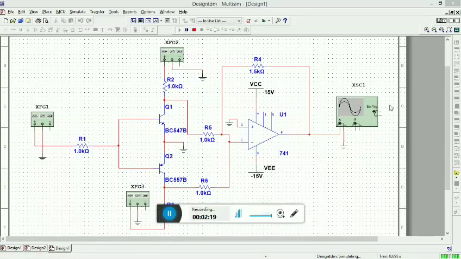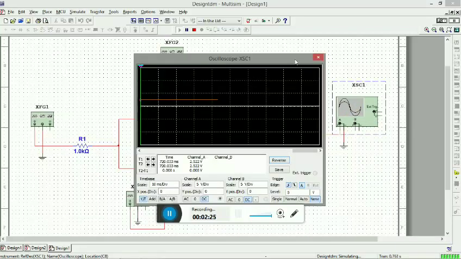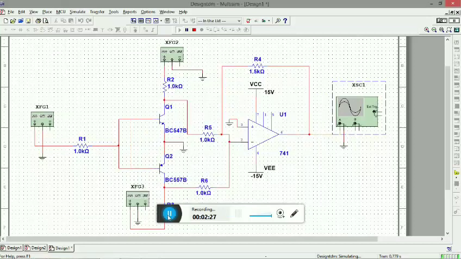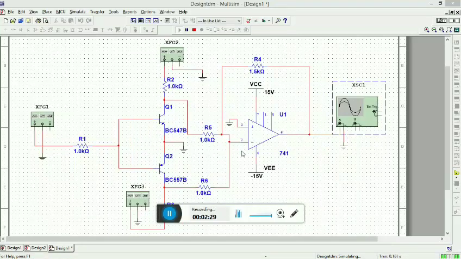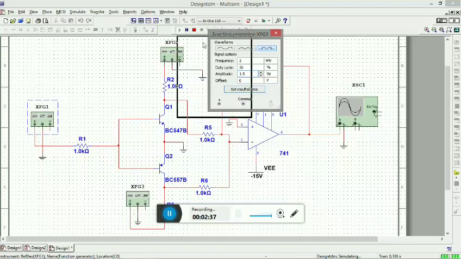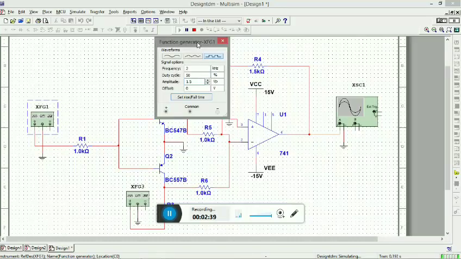Now we will observe the oscilloscope which we have connected to the output of the op amp. We had to do some minor changes before we could show you the output of the circuit. So we have set the input. This is the carrier waveform for 2 kHz.